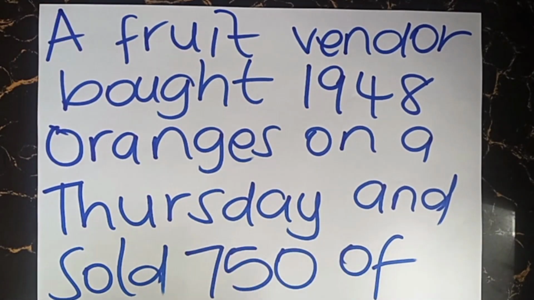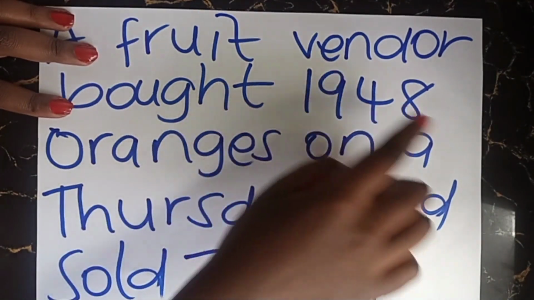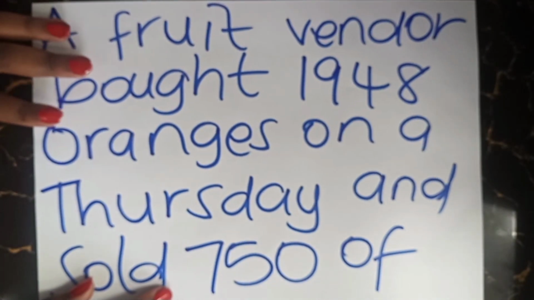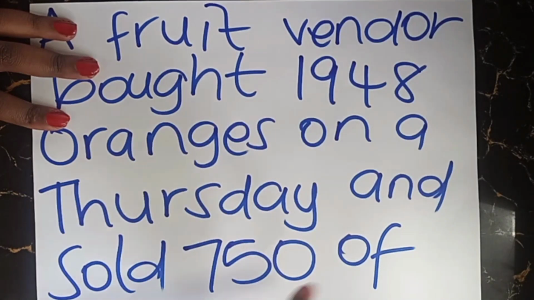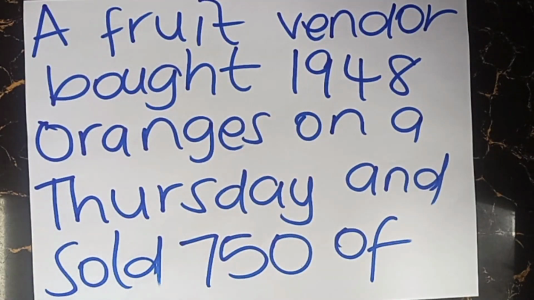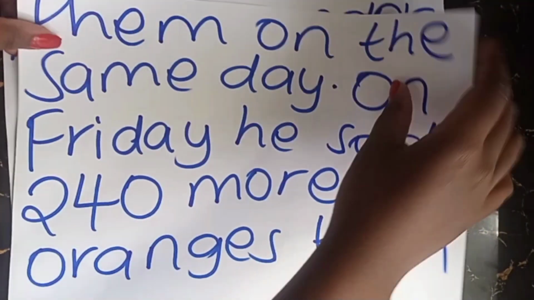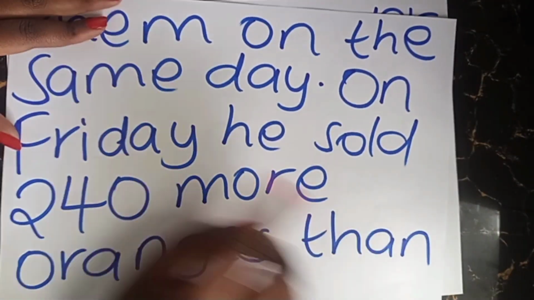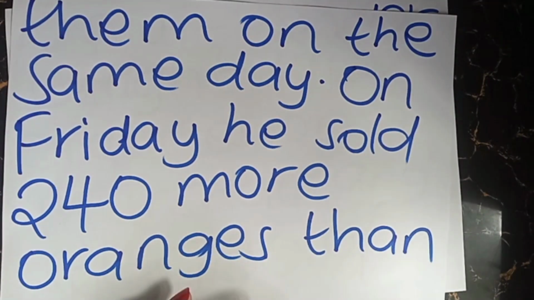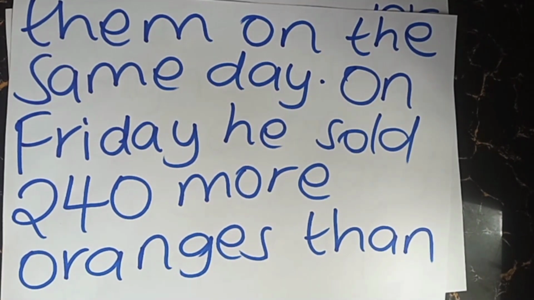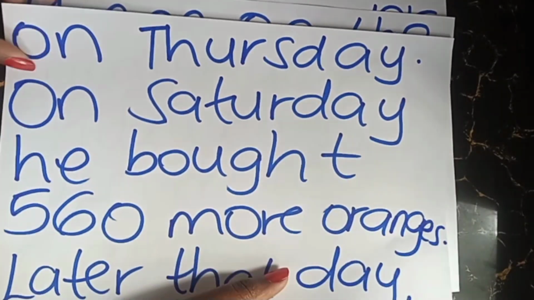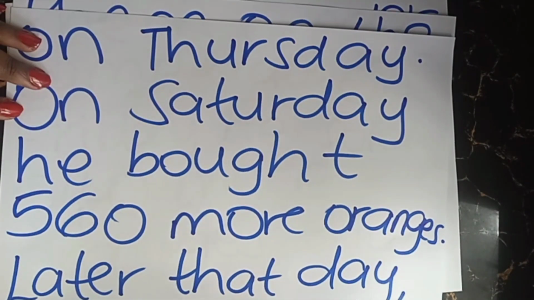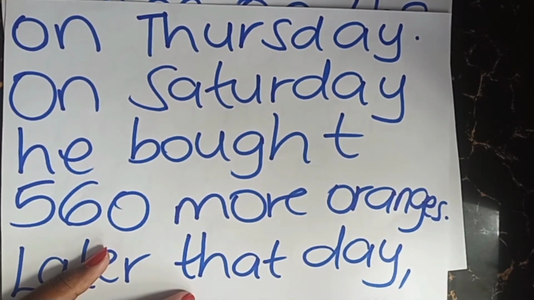A fruit vendor bought 1,948 oranges on a Thursday and sold 750 of them on the same day. On Friday he sold 240 more oranges than on Thursday. On Saturday he bought 560 more oranges.